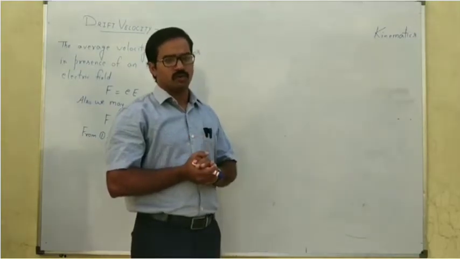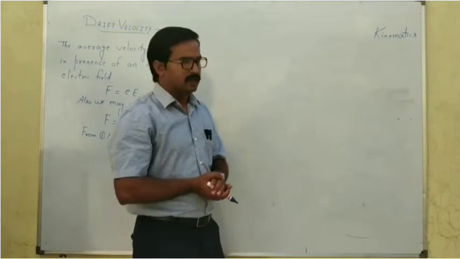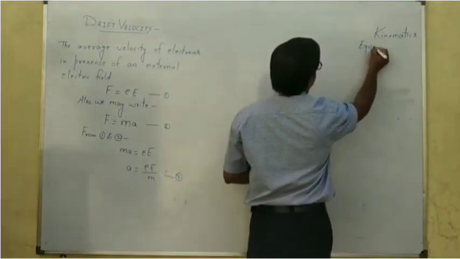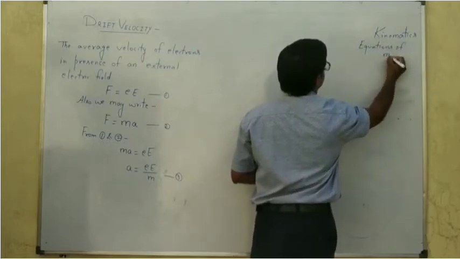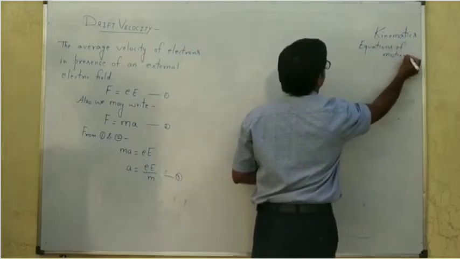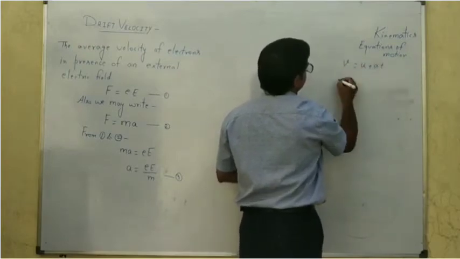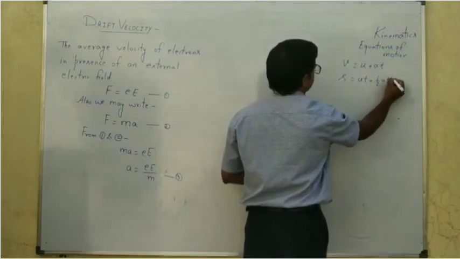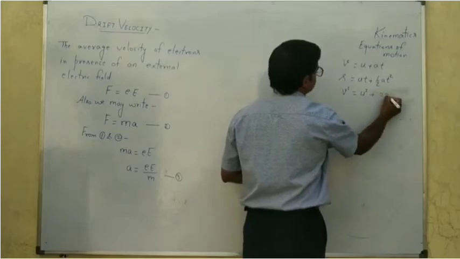What does it mean? It means we can use equations of motion given by Newton, where v is equal to u plus at, s is equal to ut plus half at square, v square is equal to u square plus 2as.